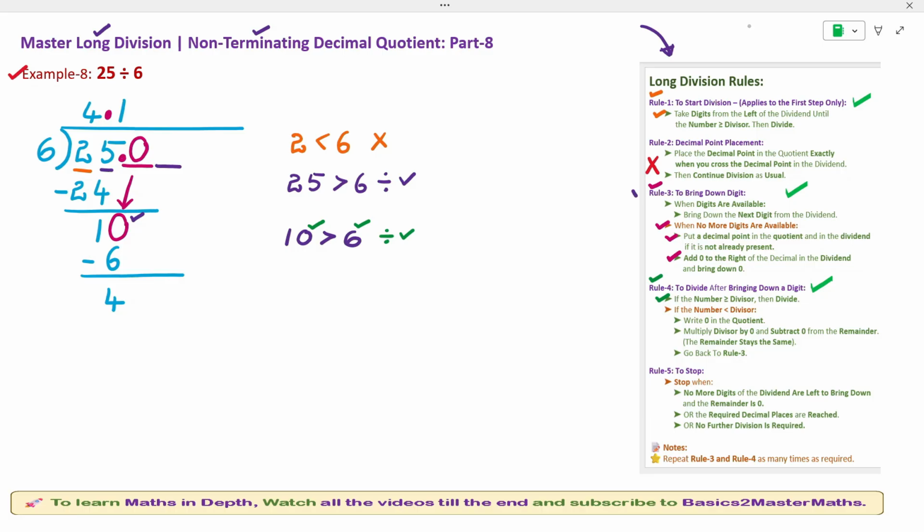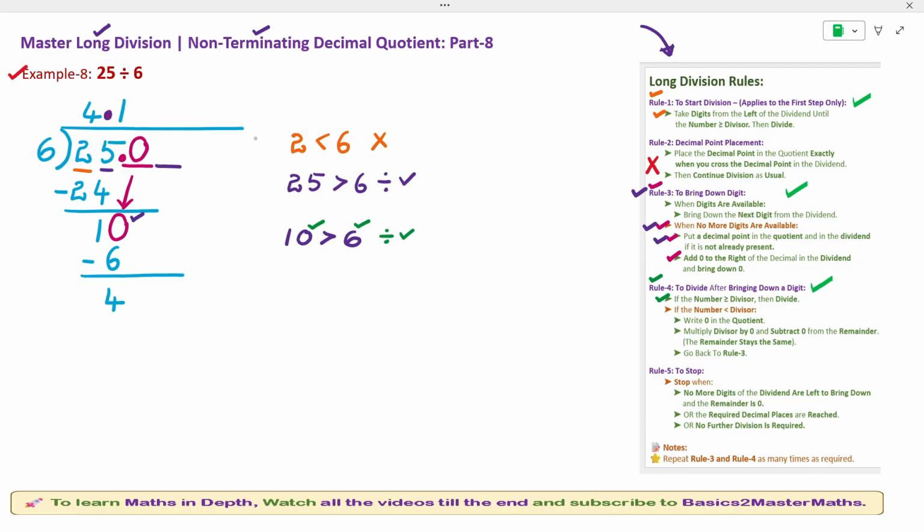So let us apply rule 3 again. When no more digits are available, put a decimal point in the quotient and in the dividend if it is not already present.